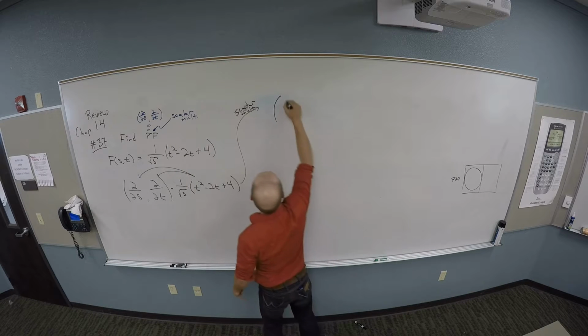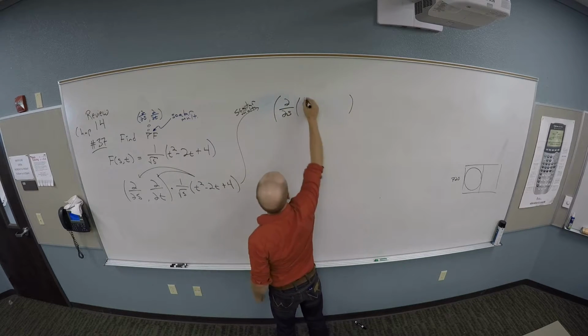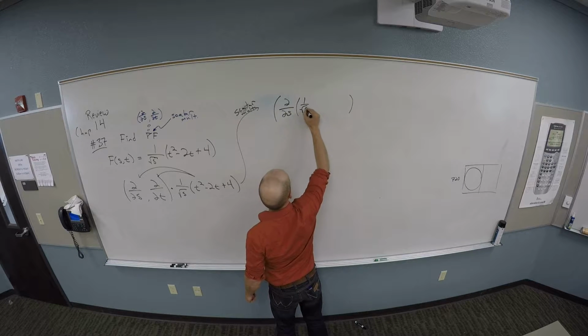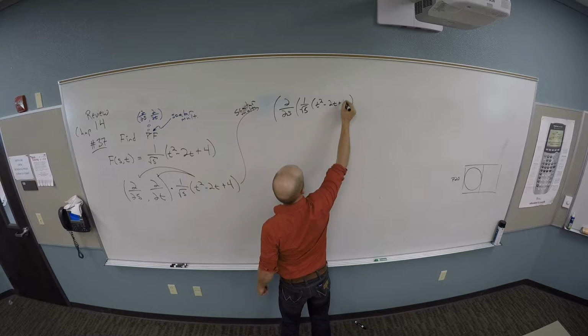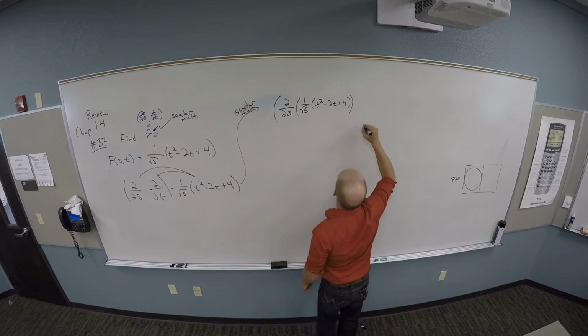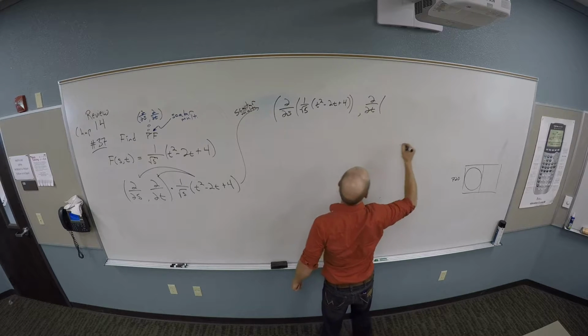And it's going to be partial with respect to S of all of 1 over the square root of S times the quantity T squared minus 2T plus 4, comma, the partial with respect to T of what?